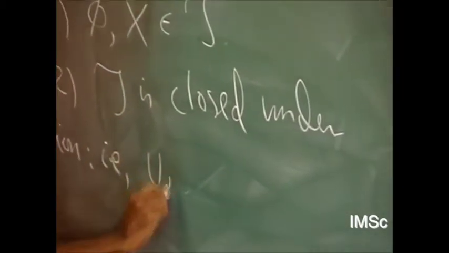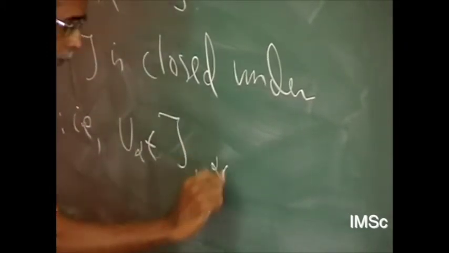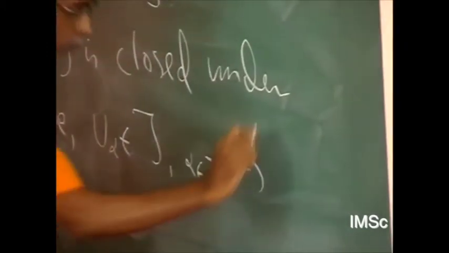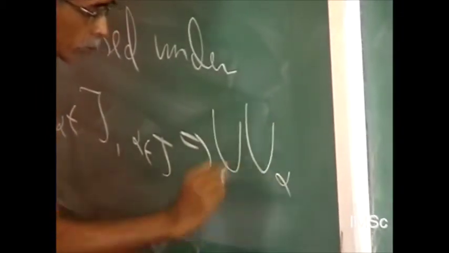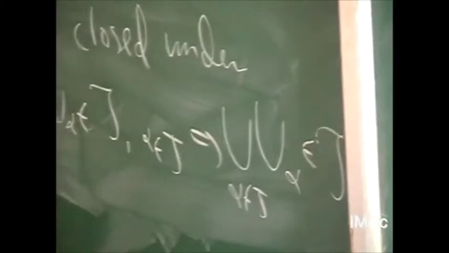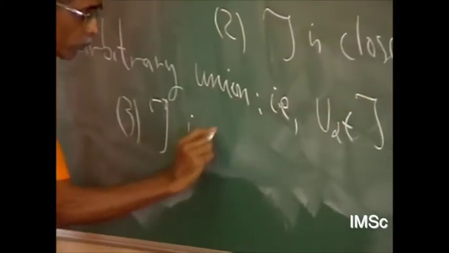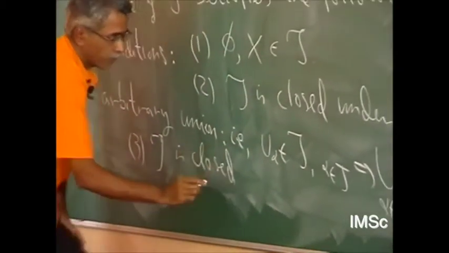If U alpha is in tau for alpha in J, then the union over alpha in J of U alpha is also in tau. Number 3: tau is closed under finite intersection.